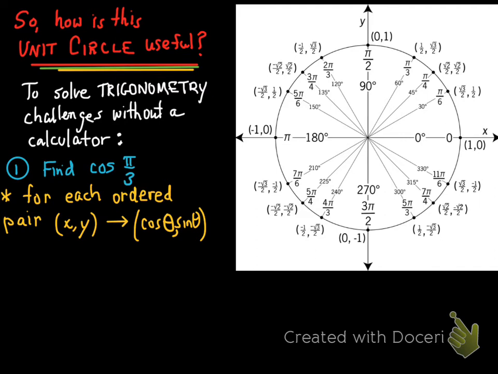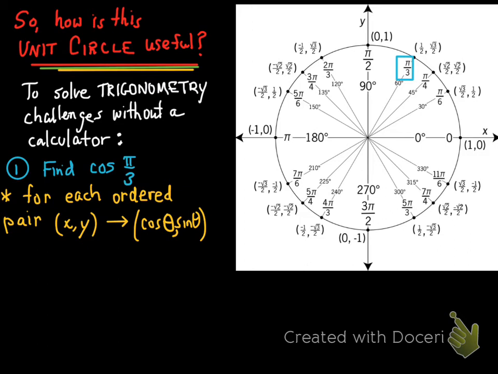So how am I going to do this? I'm talking about the cosine of pi over 3. I locate pi over 3 on the unit circle. There it is. And remember, I want the cosine. Well, these are alphabetized, right? X comes before y alphabetically. Cosine comes before sine alphabetically. So make sure you keep them straight alphabetically. That should be pretty easy. Okay?